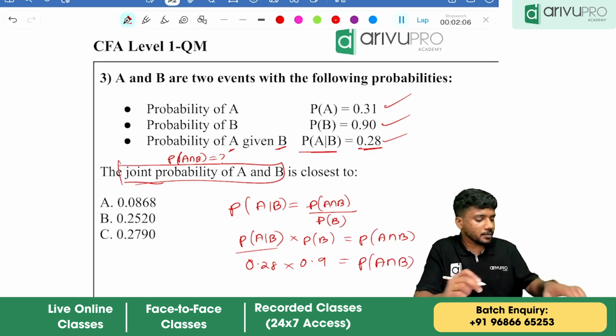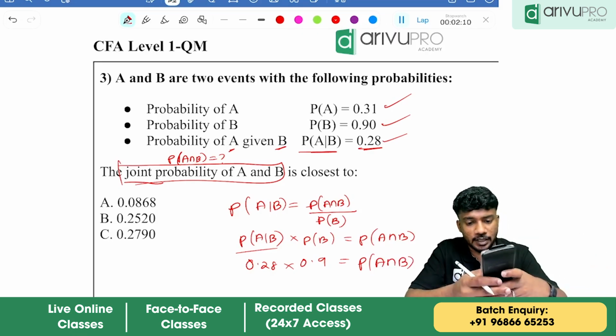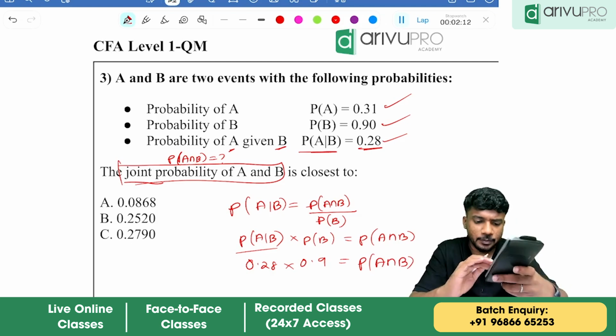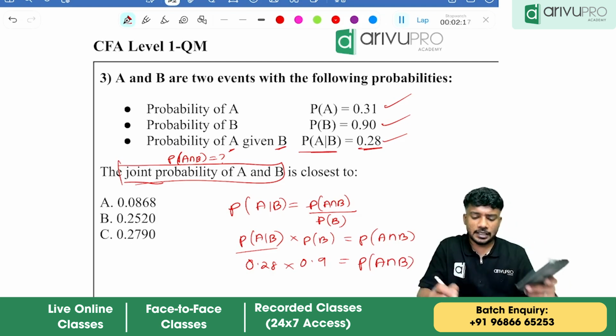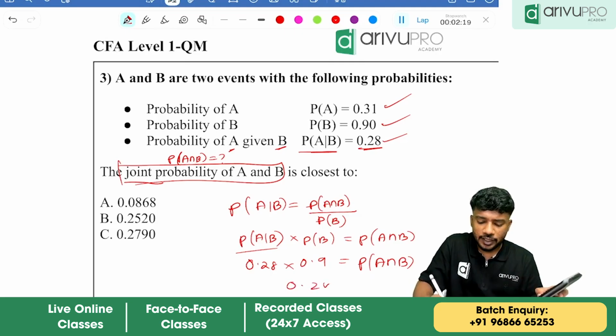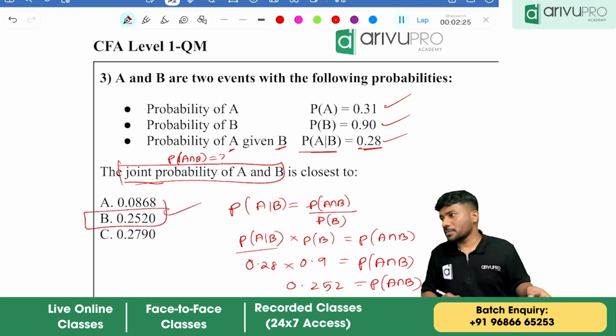How much is the answer, people? 0.252. Take your calculator, clear everything, type 0.28 multiplied with 0.9, you'll get it as 0.252, which is equal to P of A intersection B. Option B is your answer.